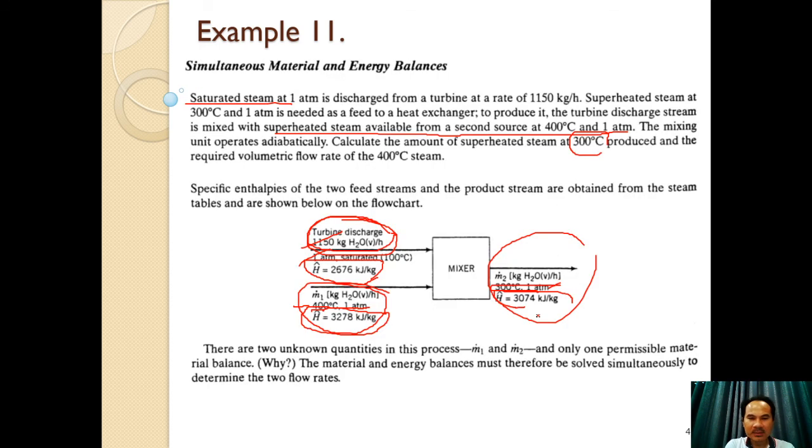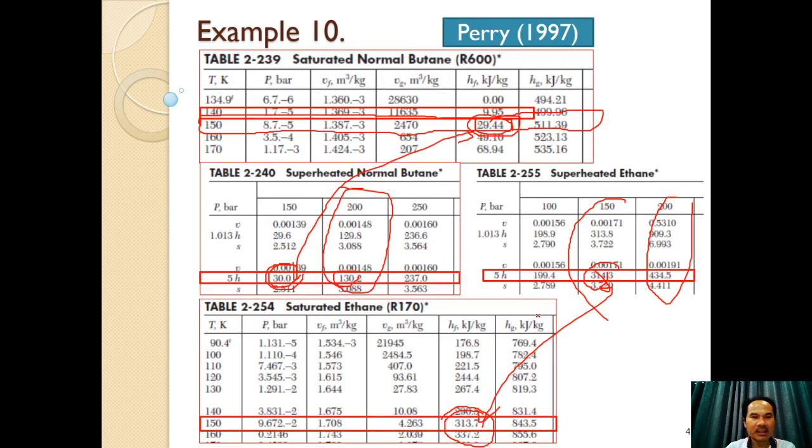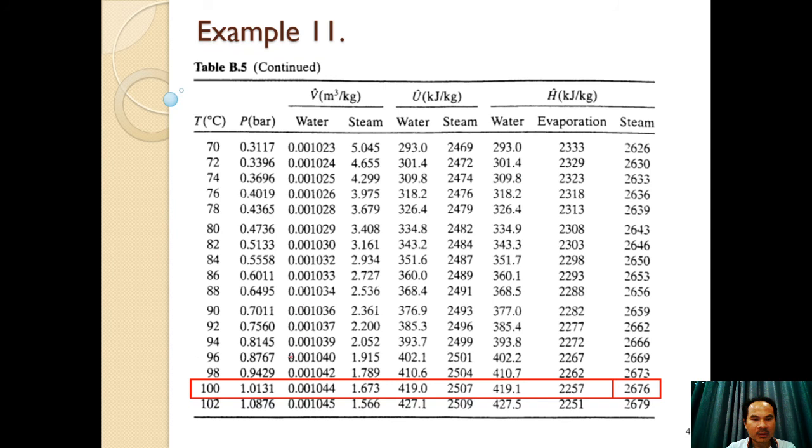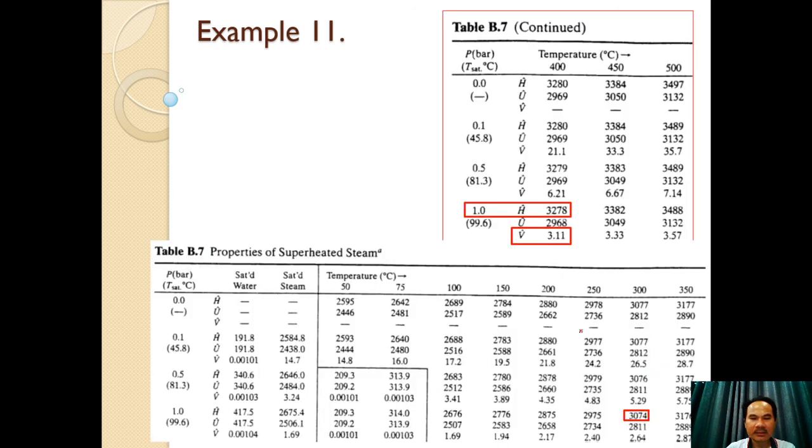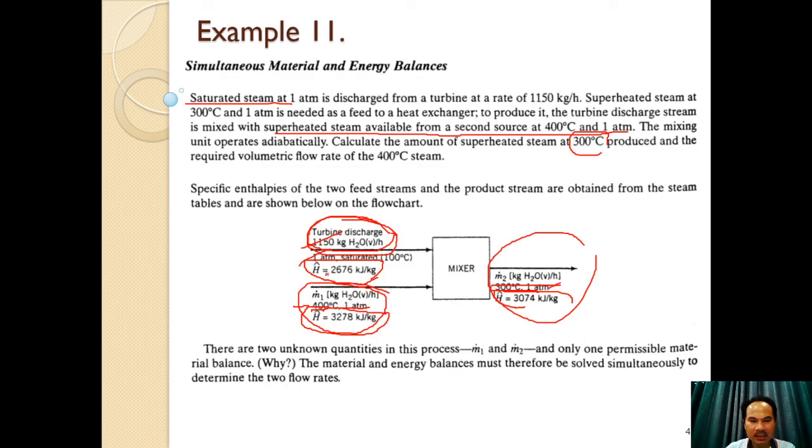The first step is to calculate the enthalpy of the inputs. At 1 atm or 100 Celsius, at 100 Celsius approximately 1 bar is 1 atm, the enthalpy of steam is 2676 kilojoules per kilogram.